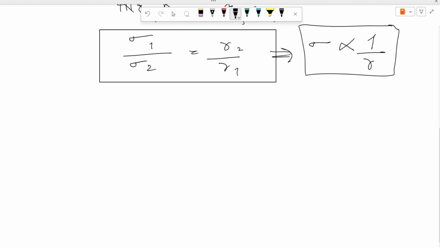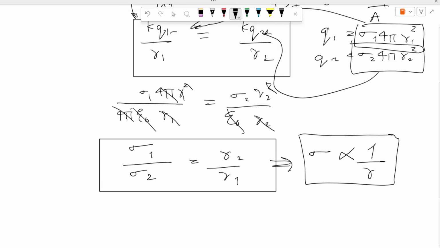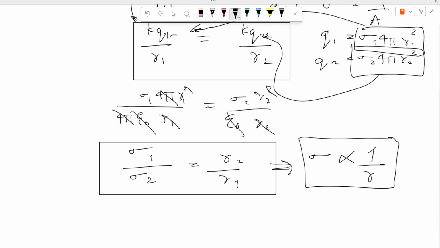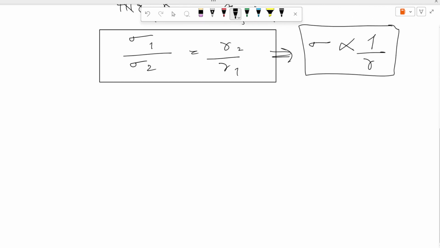The above relation shows that for charged metal bodies at the same potential, the surface charge density is inversely proportional to the radius of curvature of the body. Now, in what other case have we seen that the potential on two different points is the same? Try guessing it.